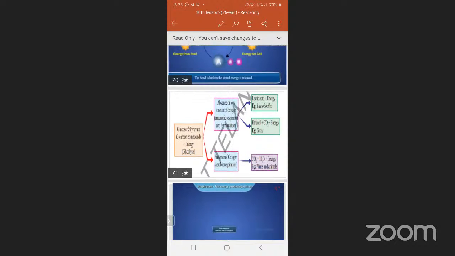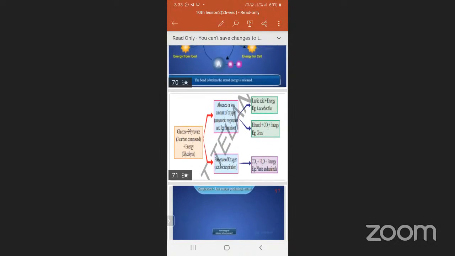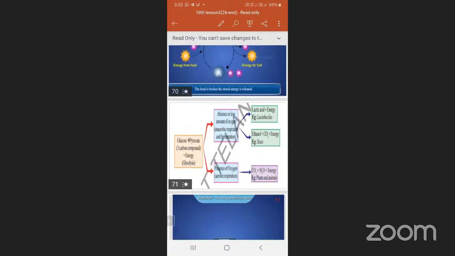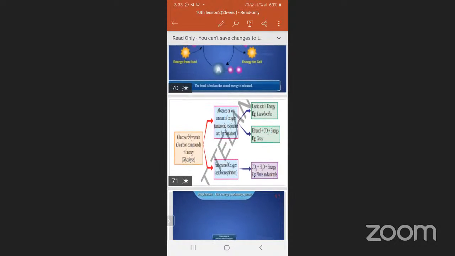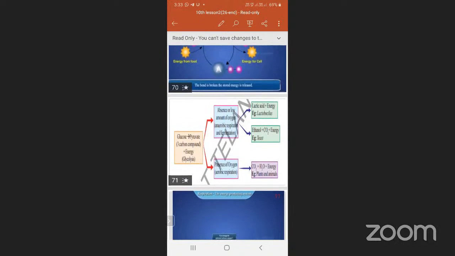In all these organisms, plants, animals, and microorganisms, the glucose is oxidized in two stages. How many stages is the glucose oxidized in? In two stages. In the first stage, please look at the screen, at that flow chart, and listen here.